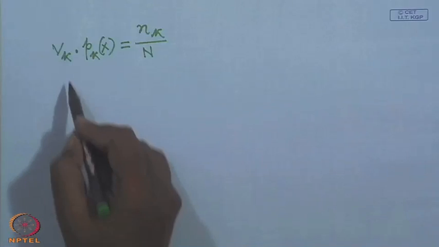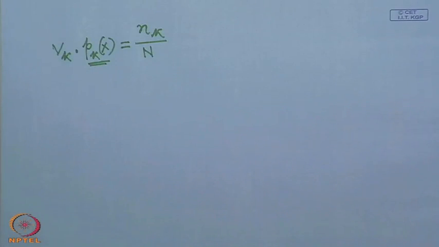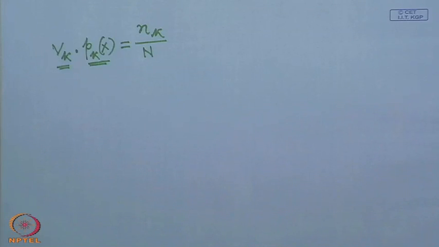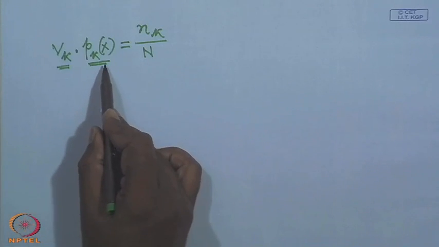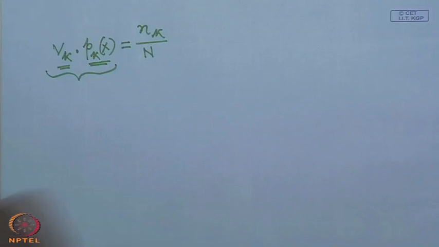Now, following the analogy, this is my probability density value within the kth bin, and this is the volume of the kth bin. So, this being the density and this being the volume, Vk times Pk represents mass. So, the total mass under this probability density has to be equal to 1.